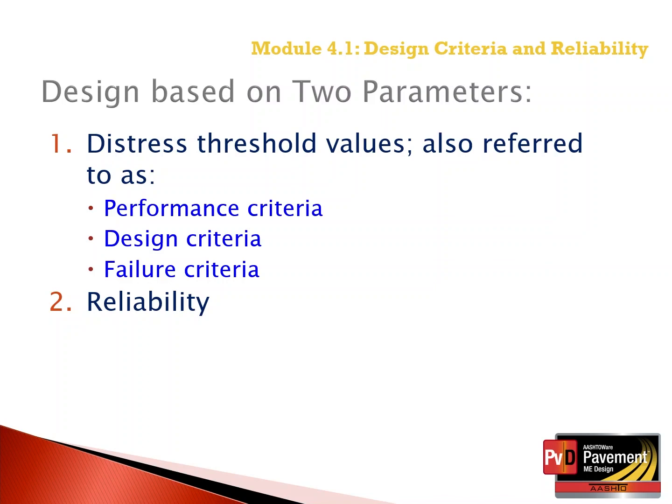The design criteria is based on two parameters. We have the distress threshold values, also referred to as performance criteria, design criteria, and/or failure criteria. Remember from Module 3 when we talked about reliability, these are basically the same or have the same meaning in terms of judging the acceptability of the design.